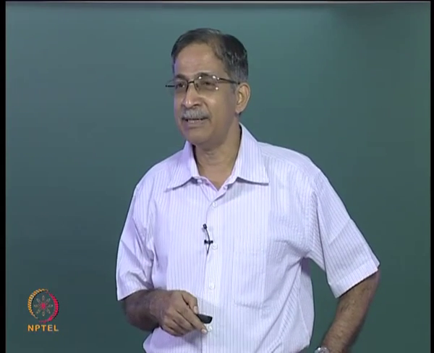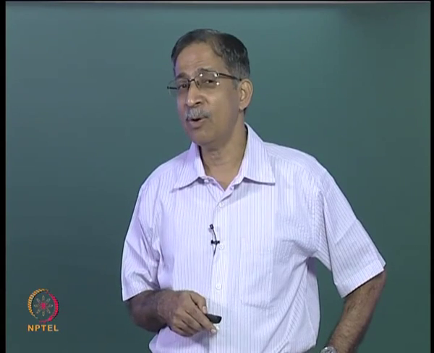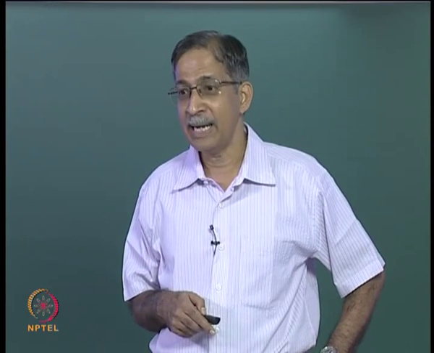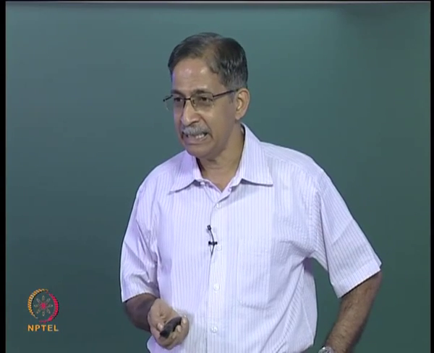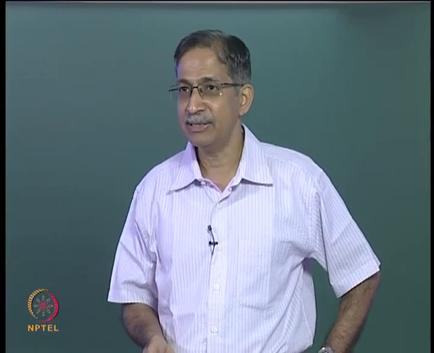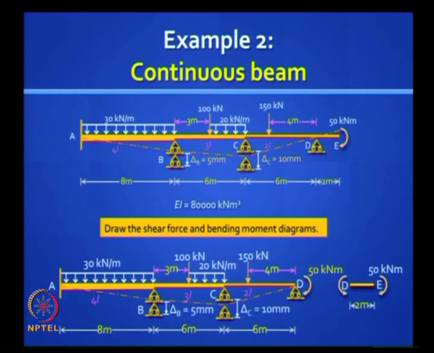The first thing you can note is you have an overhang which you can just get rid of, because that region is statically determinate. So that is the first thing you do. You separate it out and you bring it back at the end when you need to draw the bending moment and shear force diagrams.